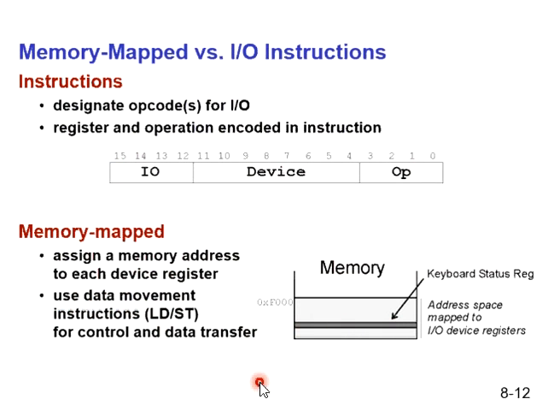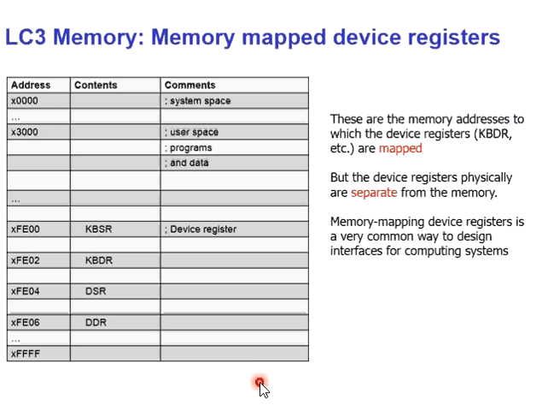We use load and store instructions to read out or write the data and to know the status. Here are the addresses of KBSR, KBDR, DSR, DDR. They are device registers.